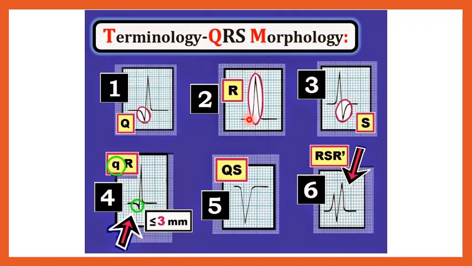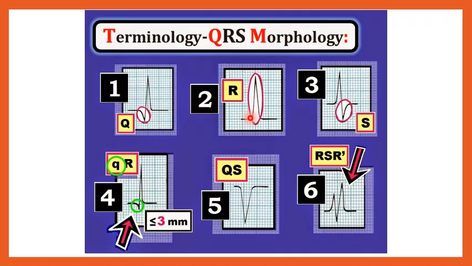Here's a QRS complex where the initial deflection off baseline goes up rather than down. So here we don't even have a Q wave. Now we would look at this complex and say, yep, that's a QRS. But when you really break it down, it's just one big tall R wave.